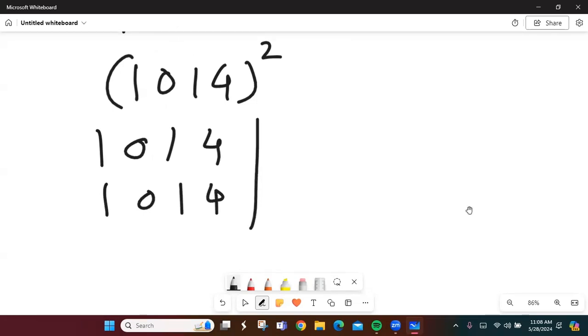Now 1014 is 14 excess than 1000. So in the second column, I will write 14 and multiply 14 with 14, that is 196. And 1014 plus 14 is 1028.